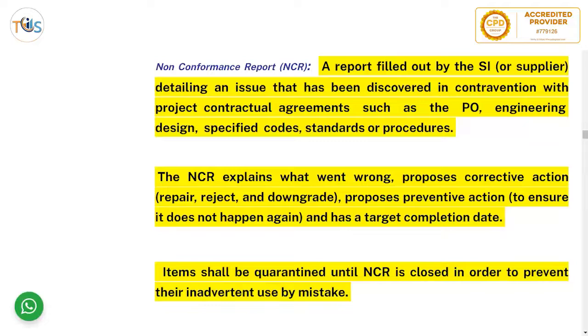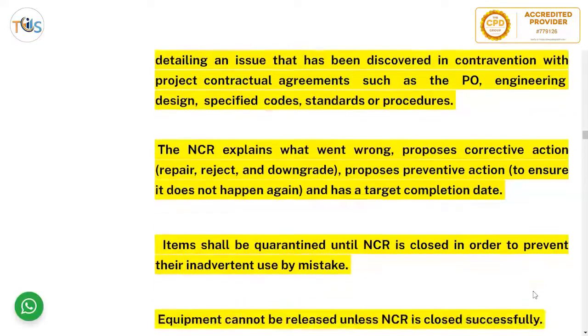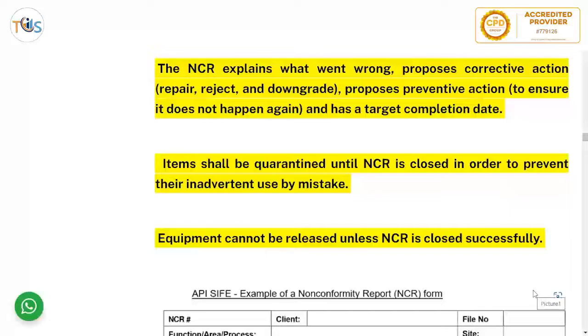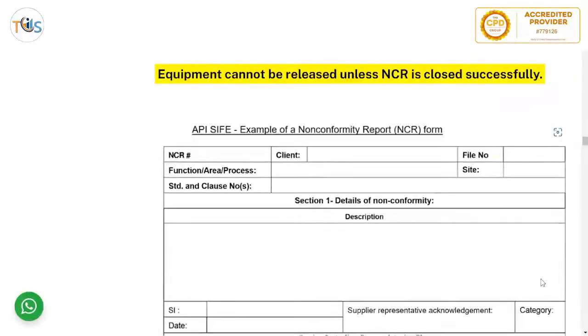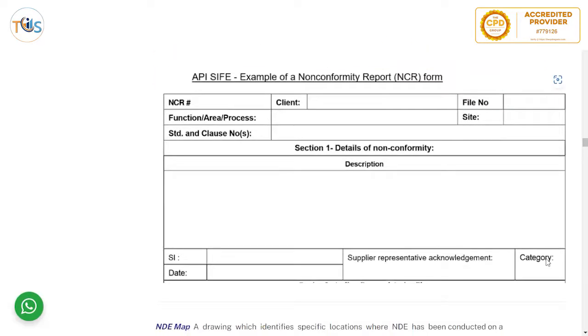If it's repetitive or a major non-conformity, you should have a preventive action. It also has a target completion date. Items shall be quarantined until the NCR is closed in order to prevent their inadvertent use by mistake. Equipment cannot be released until the NCR is closed successfully, all the NCRs.